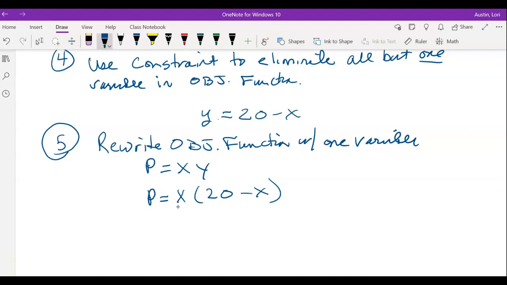And number 6 is nice and broad. You ready? Use methods of calculus to find the min or max of the objective function.